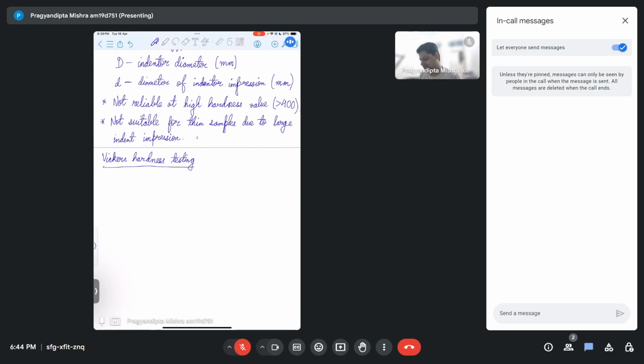Okay, so this is Vickers hardness testing. Before that, we learned about Rockwell, so let me just put this as P. And then finally, we have Rockwell's hardness.